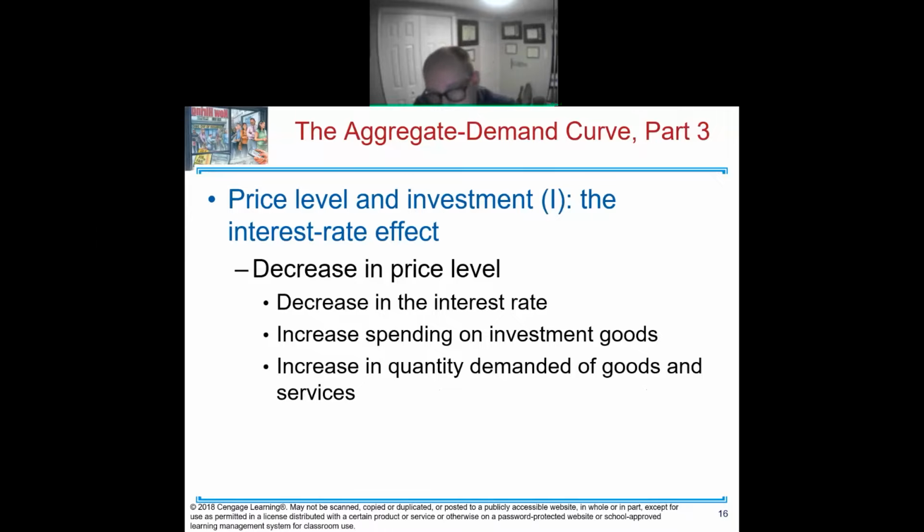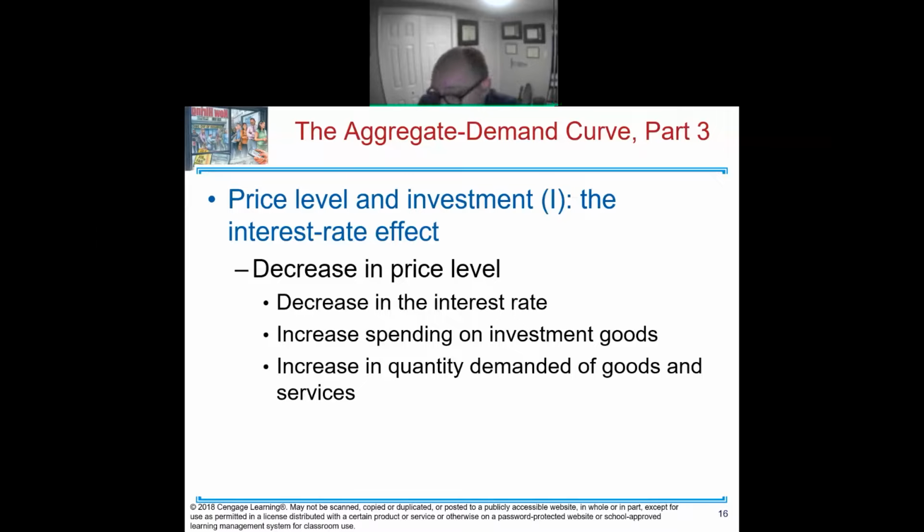Now let's talk about pricing and investing. Investing, as you know, is when people invest in something. It could be houses, it could be stocks and bonds, or whatever else you invest in. So if the price goes down on your investments, there will be a lower interest rate.